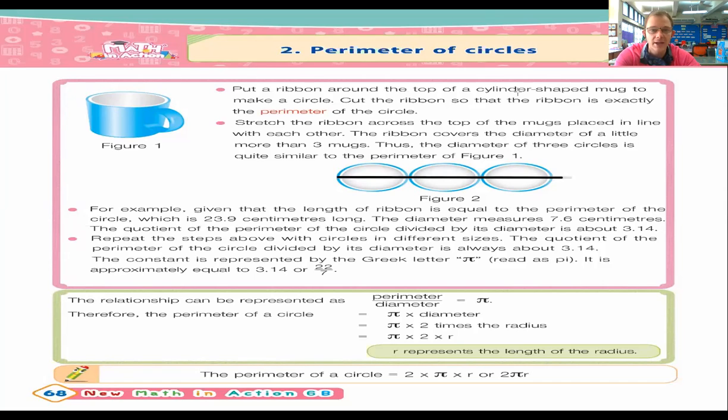And that's why we get to pi, which is 3.14. So the perimeter divided by the diameter will give us pi. And again, here they just show us the formula of how to calculate the perimeter.